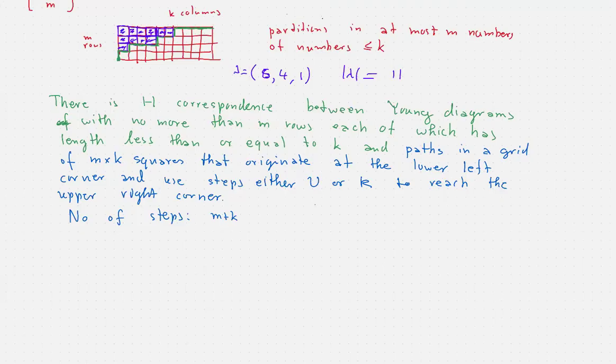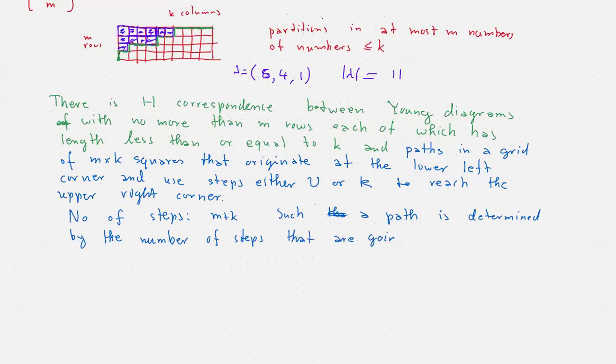such a path is determined by the number of steps that are going up, and that's m. So it depends on how you're going to distribute these steps.